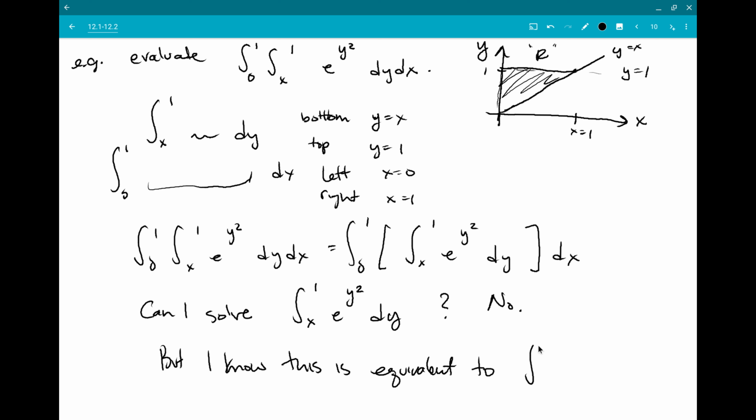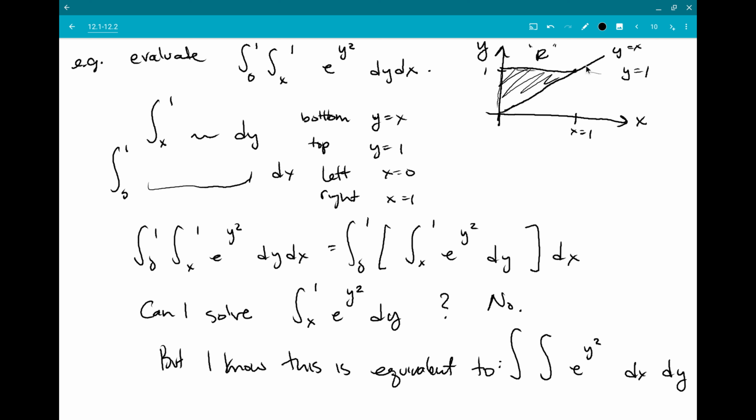But I know this is equivalent to some kind of double integral of e to the y squared, where I integrate with respect to x first and then with respect to y. So that thing was too much trouble for me.